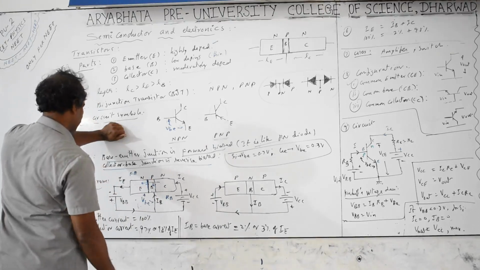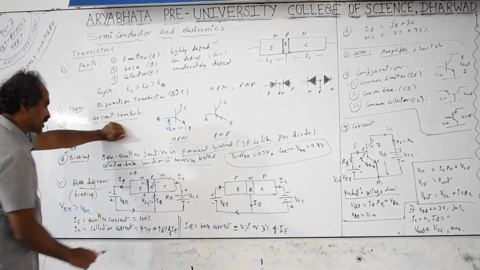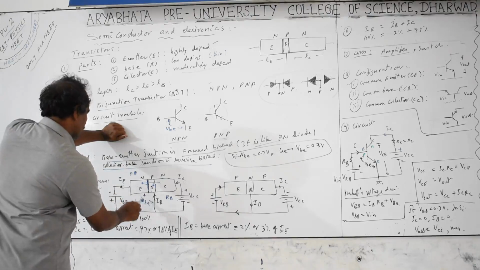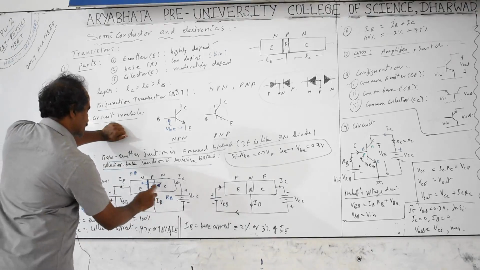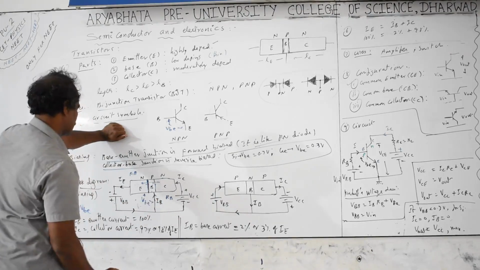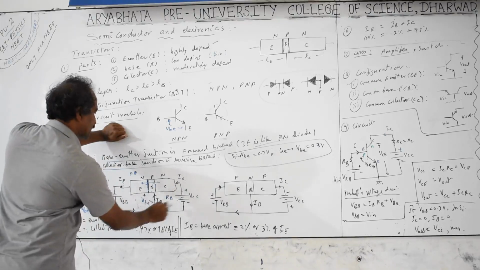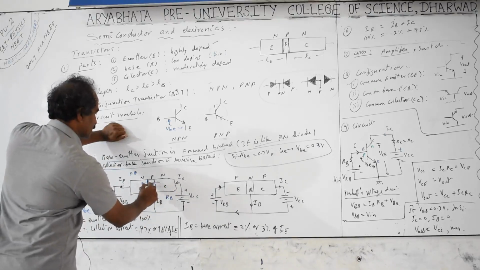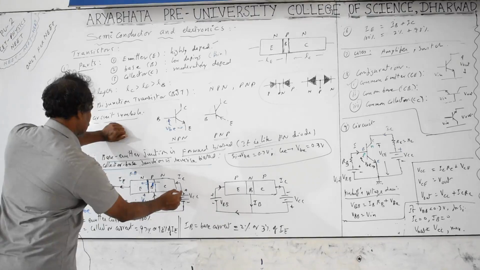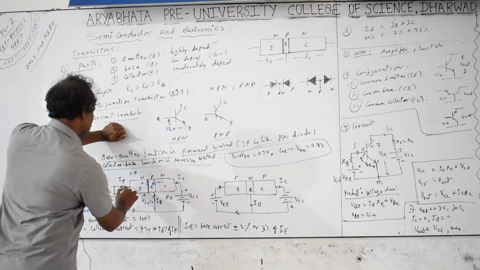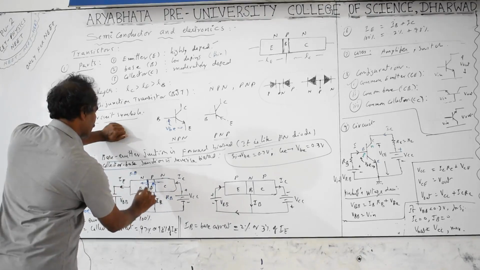To know the current directions for the base, the VBB direction is equal to the conventional current direction you have to take, and through this complete circuit you take the current direction. Because of the holes, these electrons are coming here, so the base current, electrons going here recombining and going like this.